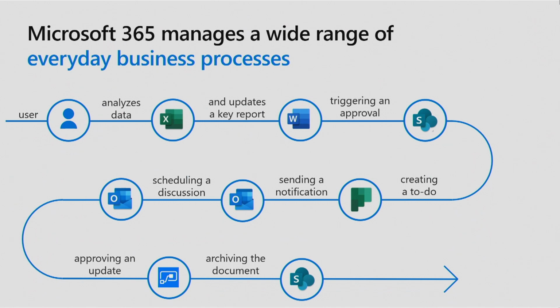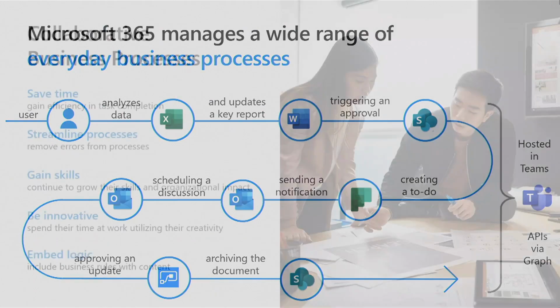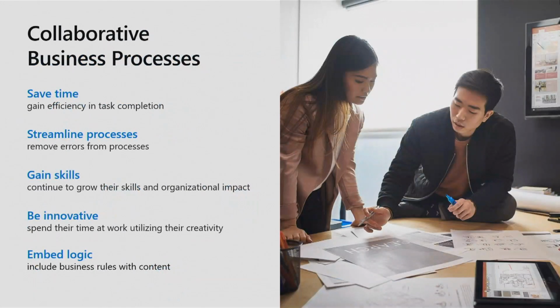And then the other thing you can do is host that inside of Microsoft Teams. This provides a great way to organize all of your processes inside of one place. The other thing you can do is manage those APIs and talk to all the different facets of this process through Microsoft Graph. So in today's session, what you'll learn is how you can make those collaborative processes just that much better. You'll save everyone time.